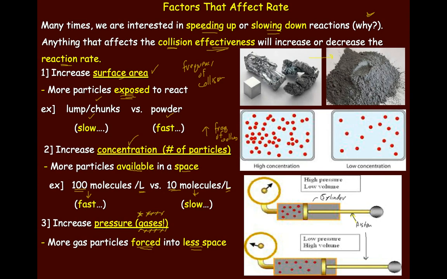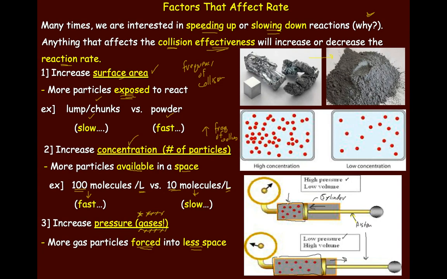If this was a syringe, this would be a plunger. If you slide this piston or plunger in through the cylinder, you could change the space that the particles are in. Here's a certain amount of space, and let's say we double the space here. We do that by changing the pressure. This would be a high pressure because we're pushing the piston in to limit the space, and this would be a low pressure going that way because we're giving it more space.